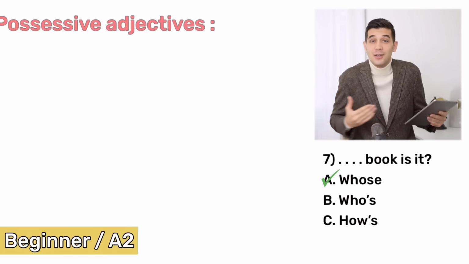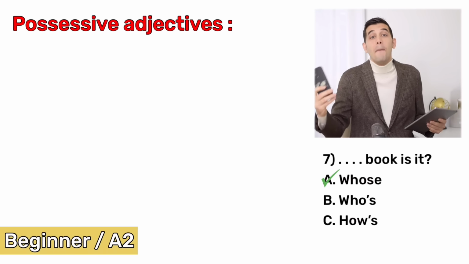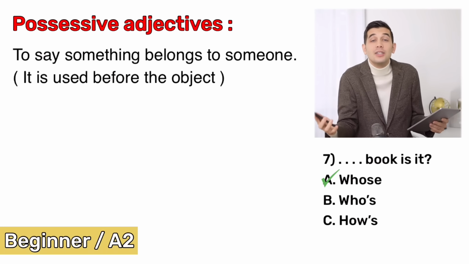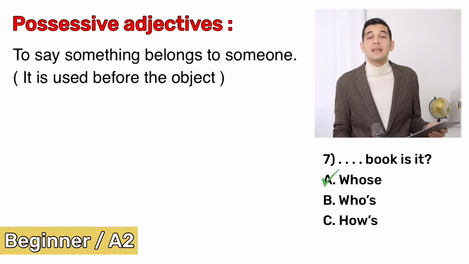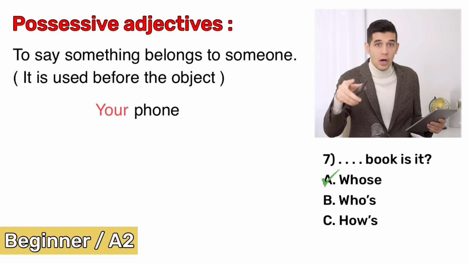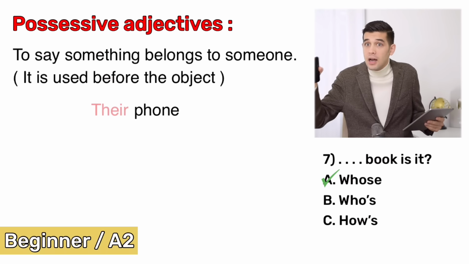Let's talk about possessive adjectives. This is a phone, but this is my phone. Okay? If you want to say something belongs to someone, you can use possessive adjectives before that object. My phone, your phone, his phone, her phone, its phone, our phone, their phone.